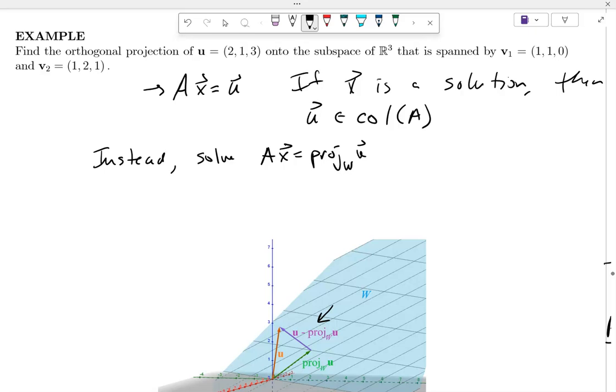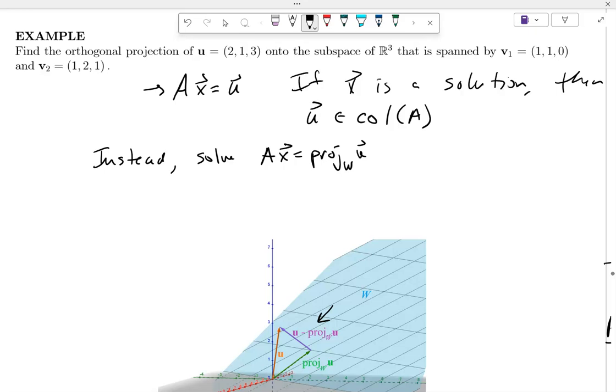All right. Now, again, remember, if I have a solution, it's in the column space, right? Okay. What did we say was the orthogonal complement to the column space? Yeah, the null space of A transpose, right?